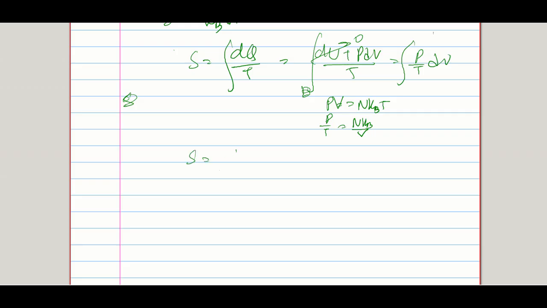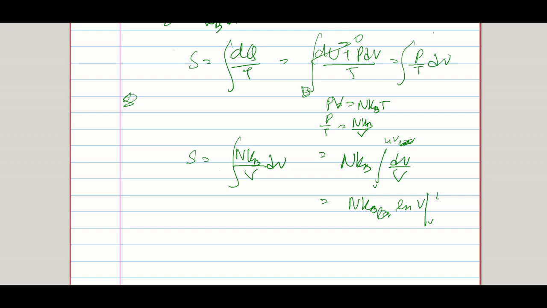So S is integration of N Kb by V dV. Okay, N Kb dV by V. This is in case this goes from V to 4V. So ln from V to 4V. Okay, so N Kb ln 4.